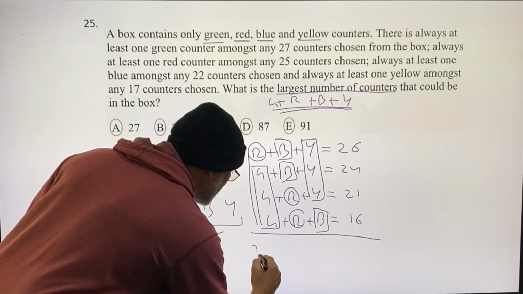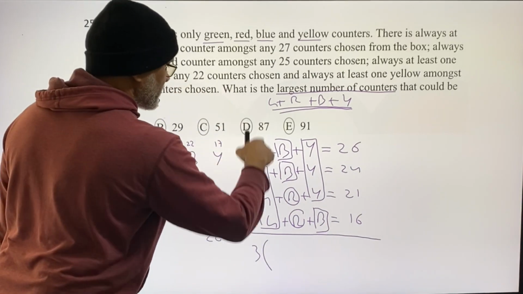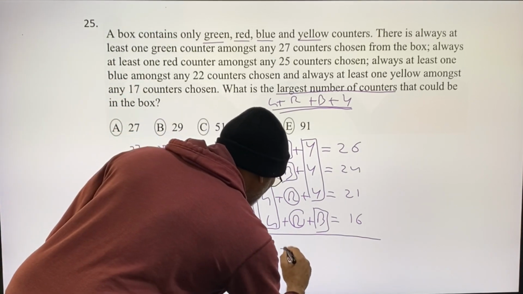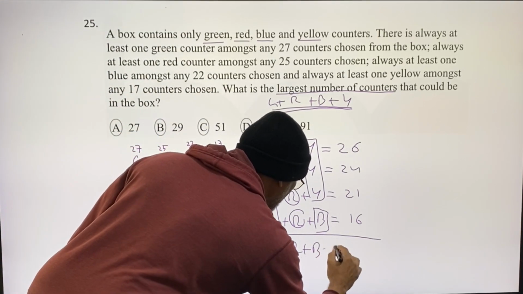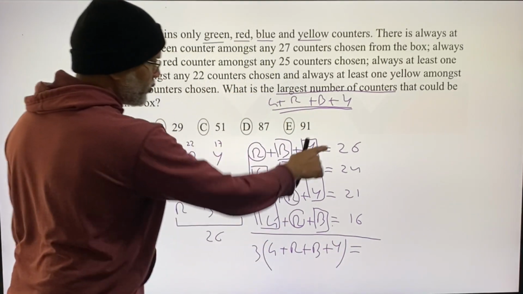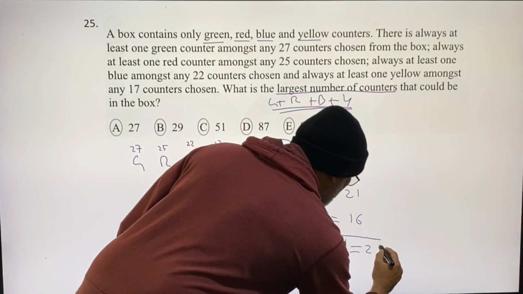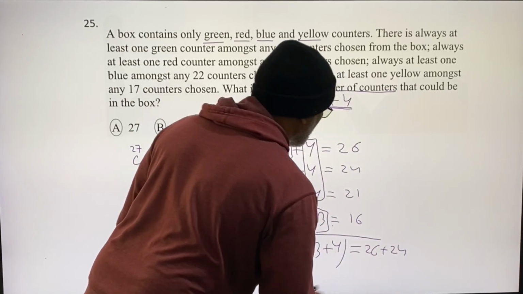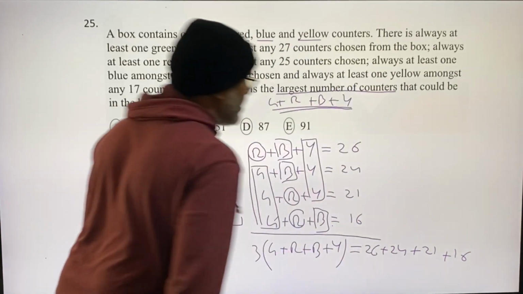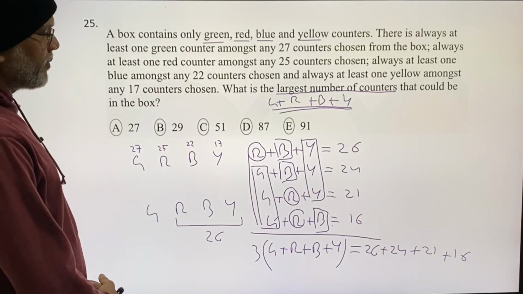So that is 3 times (G plus R plus B plus Y), which is equal to 26 plus 24 plus 21 plus 16, right?